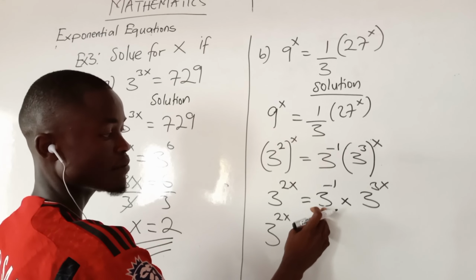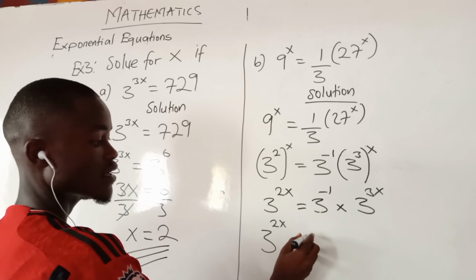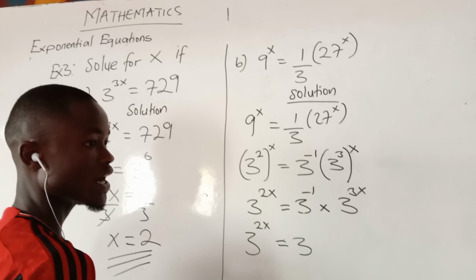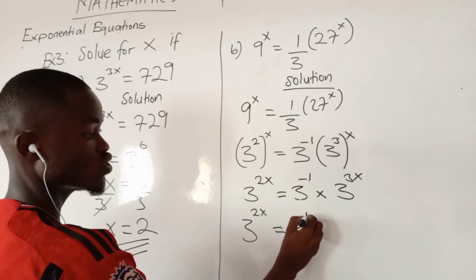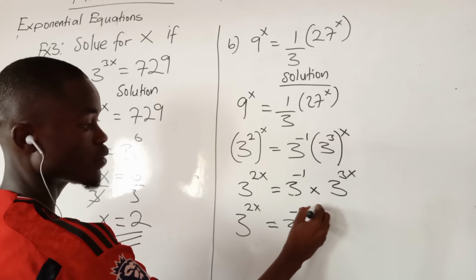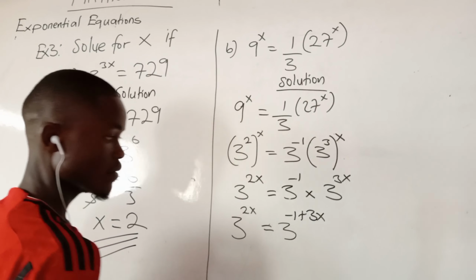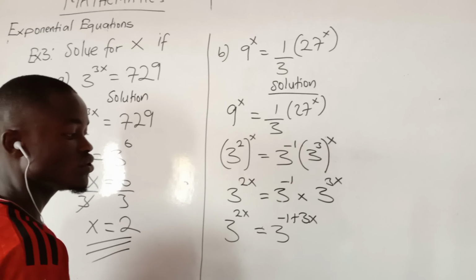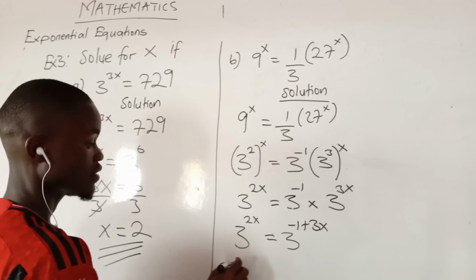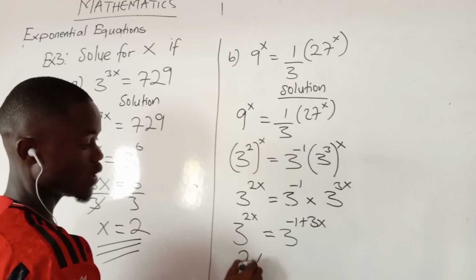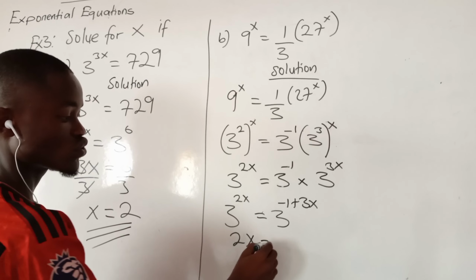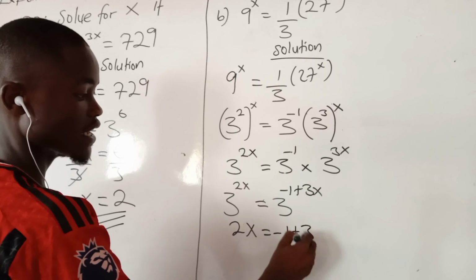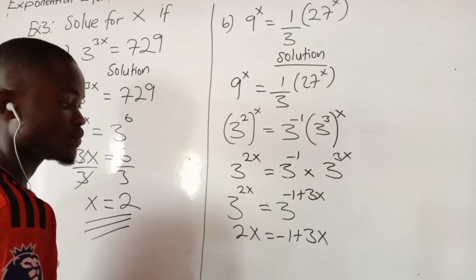The bases are the same, 3 and 3. What you need to do is take 1 base and add the powers: minus 1 plus 3x. So since the bases are the same, you equate the powers. Therefore, 2x equals minus 1 plus 3x.